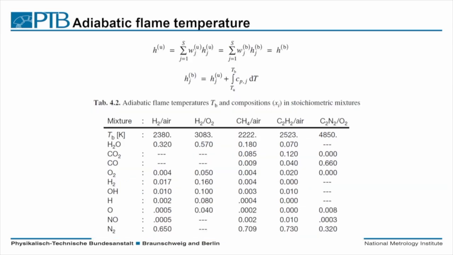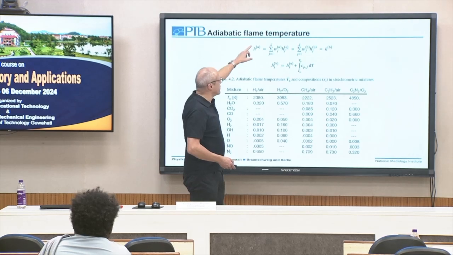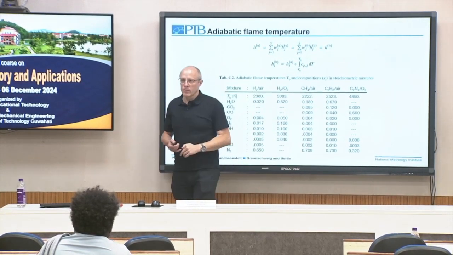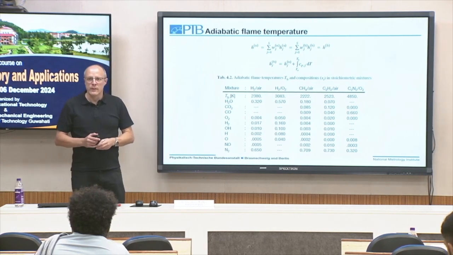So this was presented already by Professor Sahu, that the adiabatic flame temperature, of course, is an important quantity. And what we need to know is that the enthalpy of the unburned and the burnt mixture is identical. So this does not change.